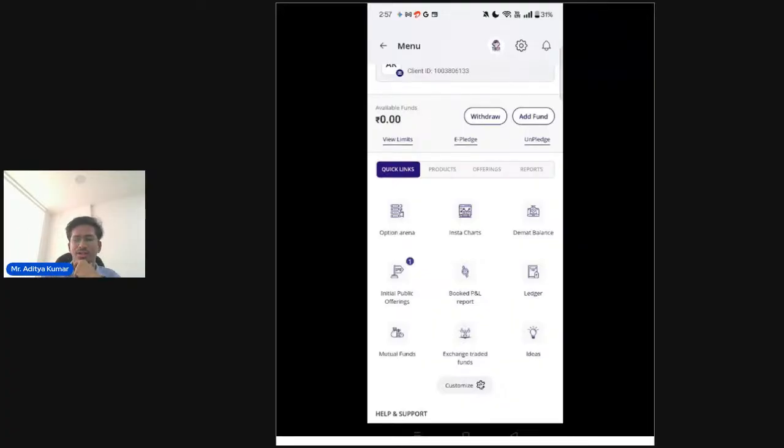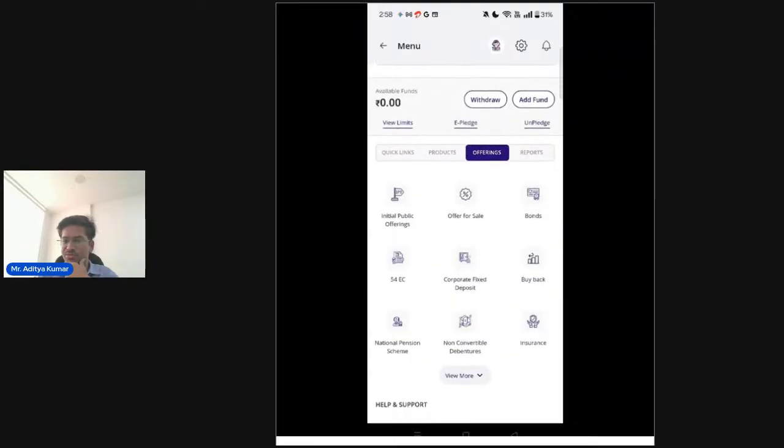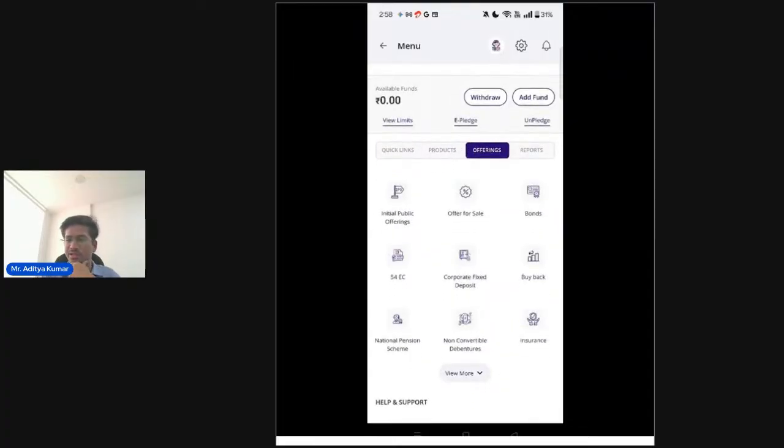This is a handy shortcut to key investment areas and advanced trading tools. After that, under More Offerings, you can see IPOs, Bonds, NPS, Insurance, Smallcase, and SBI Realty. It's everything you need to diversify your investments.